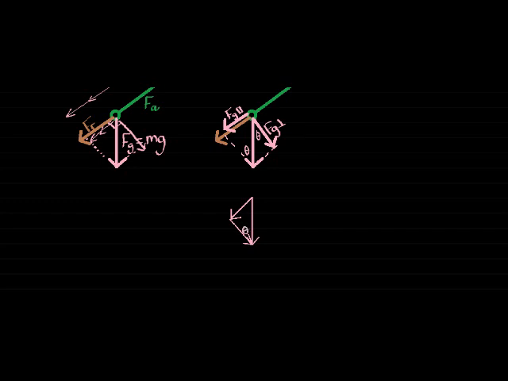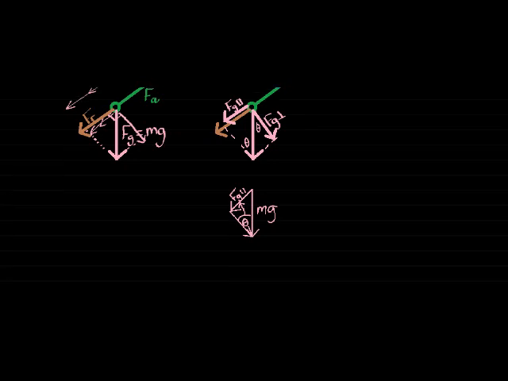We want to work out the force due to gravity that is parallel. We know that this value is m times g, and the force due to gravity that is parallel is opposite that angle.